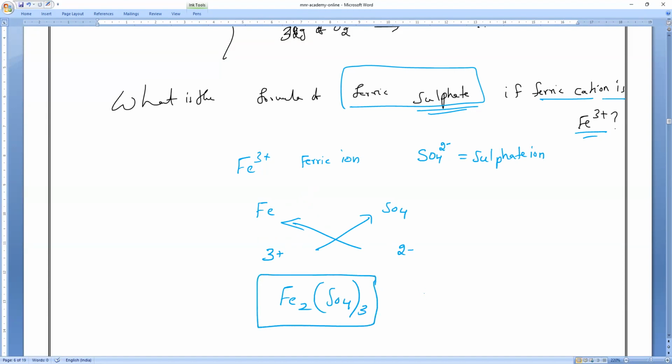Read it: ferric sulfate, Fe2(SO4)3. Do it, all of you. Clear? This is one of the most important formulas which people will forget. Do it fast.